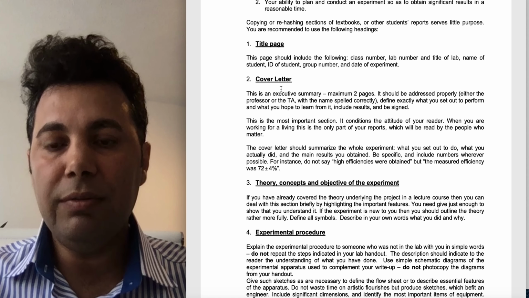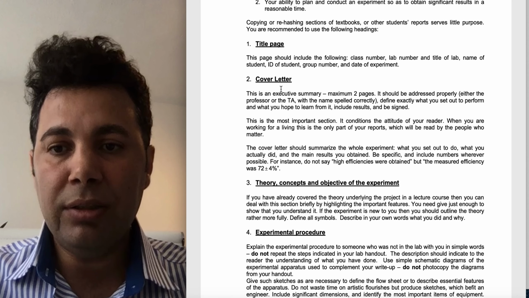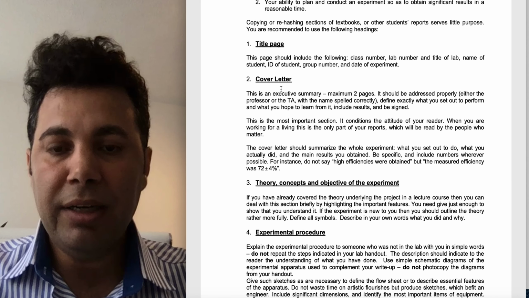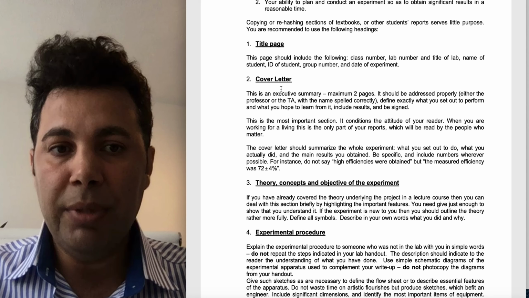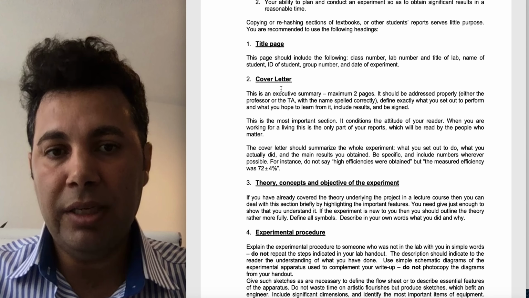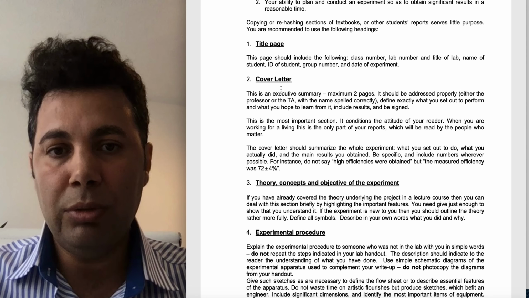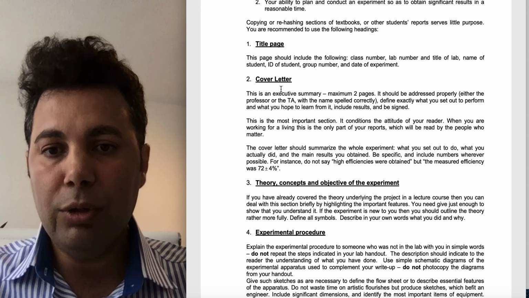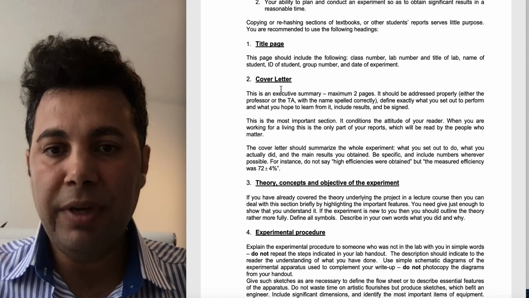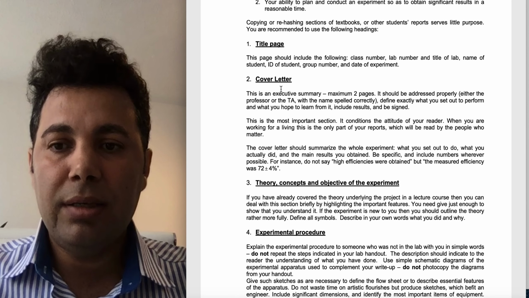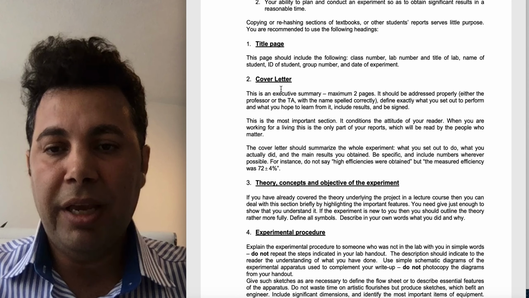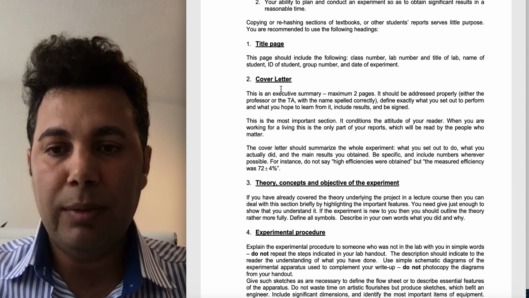For the cover letter, we expect you to have at least 4 paragraphs. In the first paragraph, I would like you to describe the objective of the experiment. Basically, you are going to say, for example, today we are going to study the single phase, single component phase behavior, and that would be CO2.